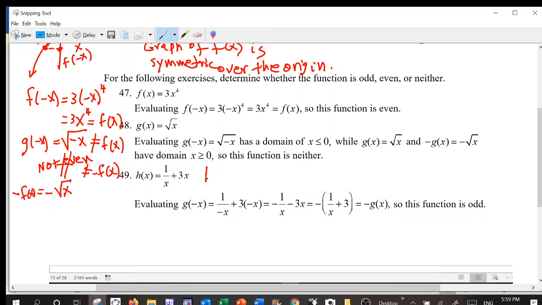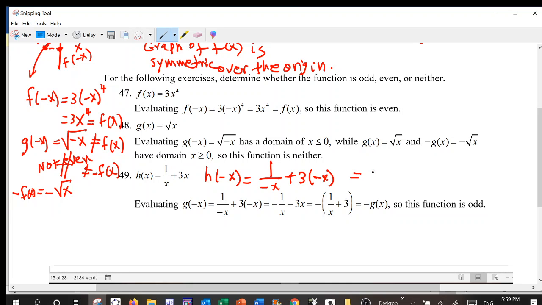Okay, what about number 49? Well, let's say h of negative x, which is what? What's h of negative x? Well, h of negative x would be 1 over negative x plus 3 times negative x.